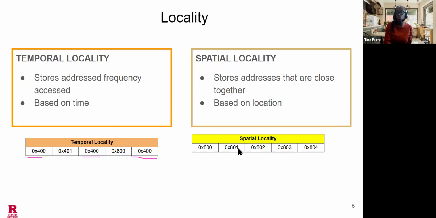Let me go ahead and load 801, 2, and 3, and 4. Since those are really near it, I'm going to load these data items as well in an effort to reduce cache misses. I will preload that data or prefetch that data to save space, to save time, and make my cache a little bit more efficient.